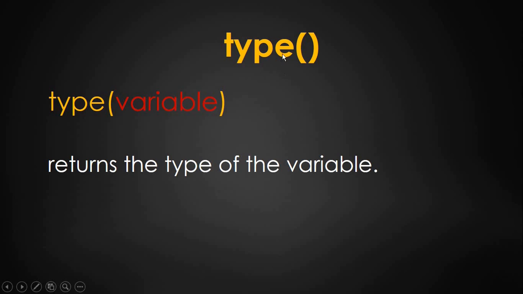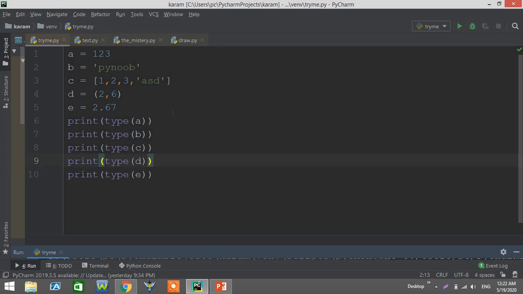Okay, and now for the second function we have type, and this type function takes as argument any variable found in Python, and what it does is returning the type of this variable. Let's check this out. For now we declared some variables.